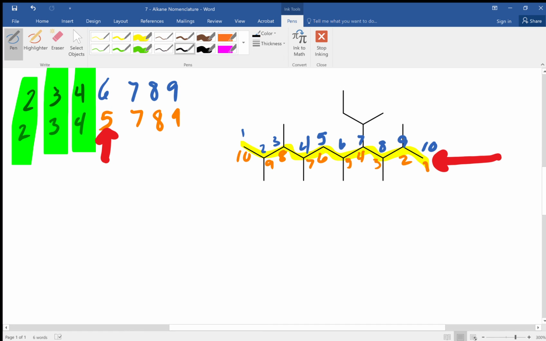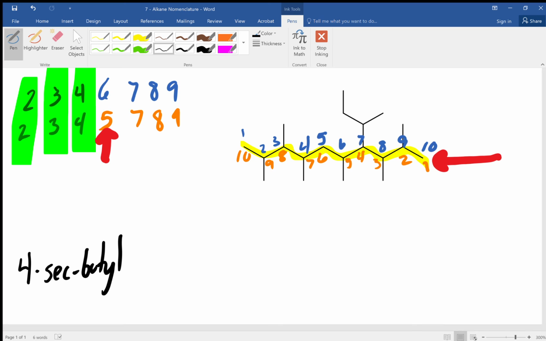So what are our substituents? Well, on the fourth carbon, we have a sec-butyl group. Remember that sec-butyl, sec is not numerical, it gets alphabetized under S. Now, the reason I didn't go through the list of substituents like I did in the other case is because the other thing we have is our only methyl groups.